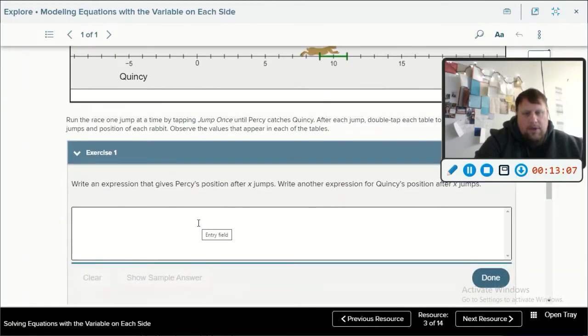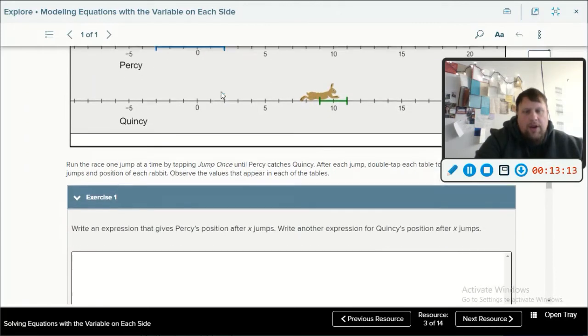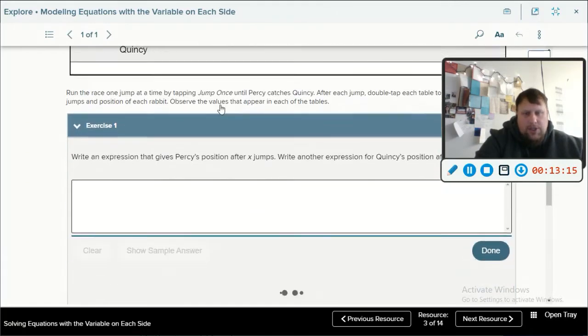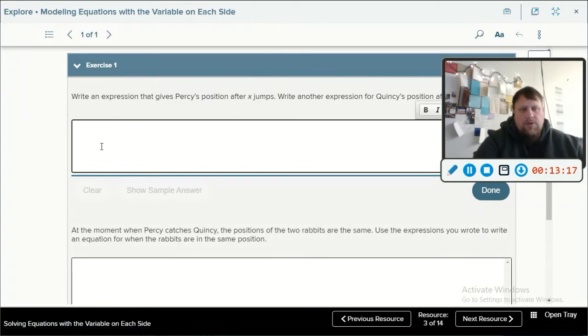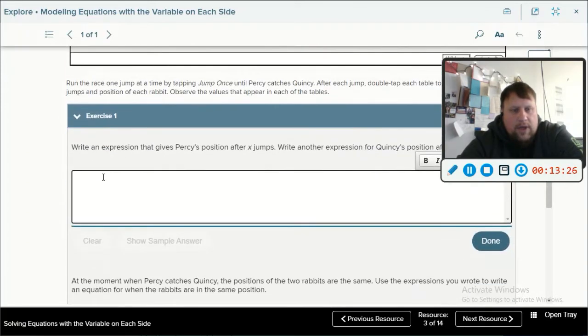So, first of all, we know that Percy is starting at -3, but he's jumping 5 spaces each jump. We don't know what the number of jumps is. So if I were filling this in, I would say he's starting off at -3. Sorry, it's early in the morning, I forget things.